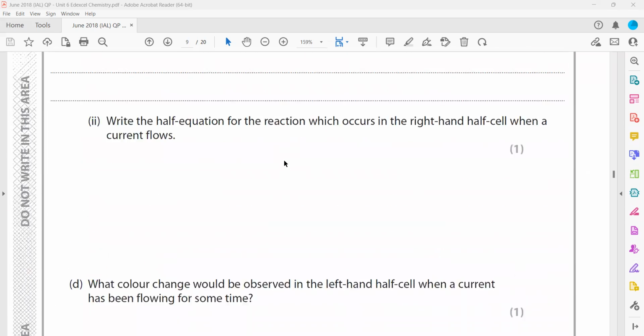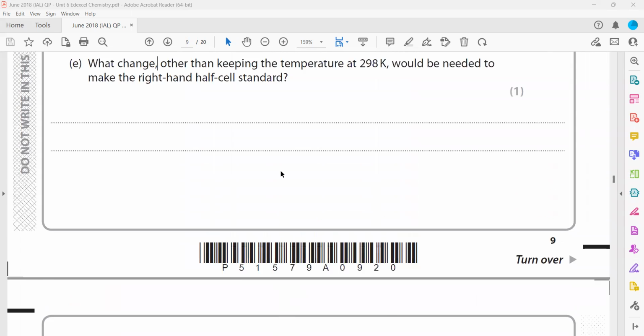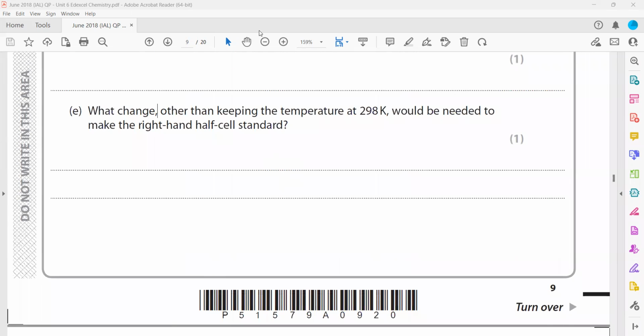That is for the standard electrode potential. So we use a solution of concentration 1 mole per decimeter cubed to make it standard.